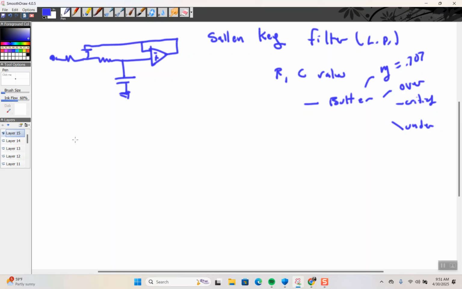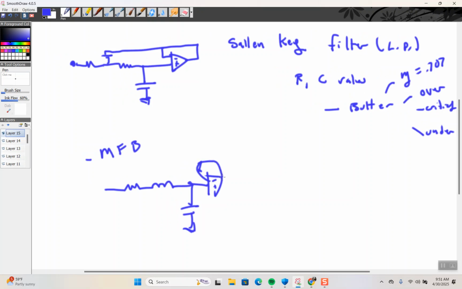And then the multiple feedback filter can be Butterworth, and there's other architectures as well. I'm just going to say multiple feedback, but you also have this. So you have three ways of doing your filter: Sallen-Key, multiple feedback, and RLC.